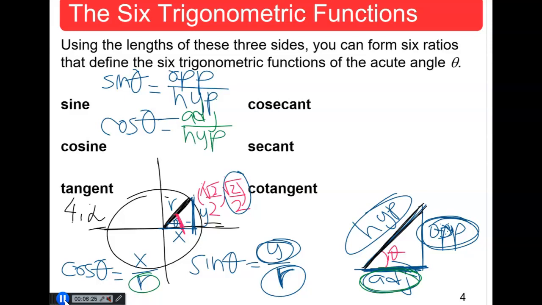Okay, and for our tangent, in terms of the unit circle, it was defined as y over x. So for our triangle example, y is going to be the side opposite, and x is going to be the adjacent side.